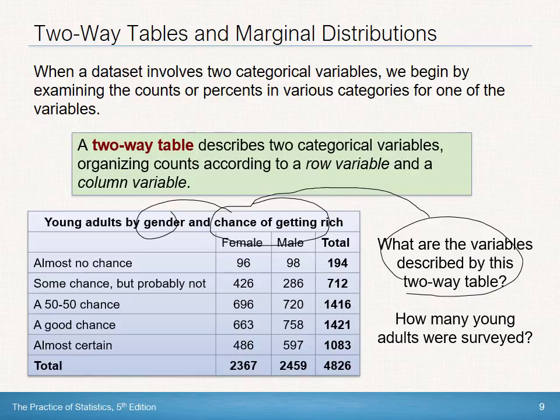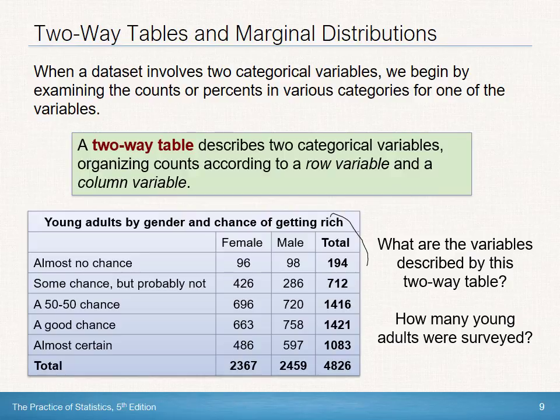When you have a table that gives you the totals in the margins, here we have the totals for the question of chances of getting rich, and then down here at the bottom we have the totals of the question of whether they're male or female. How many people in the entire sample is going to be the total down here in the very, very bottom.